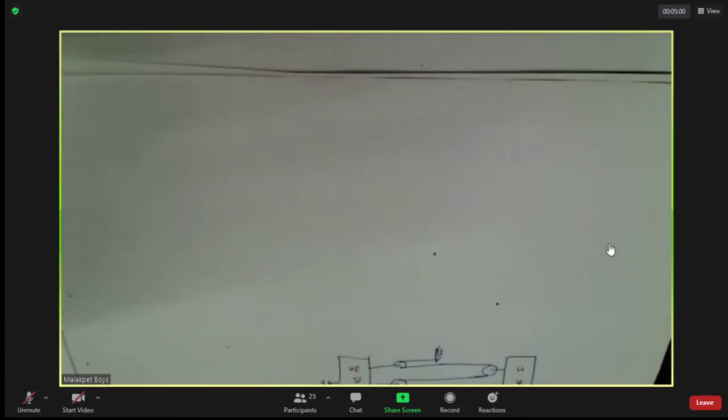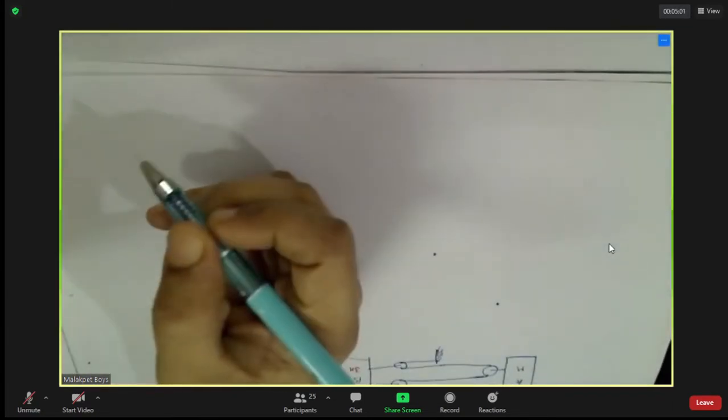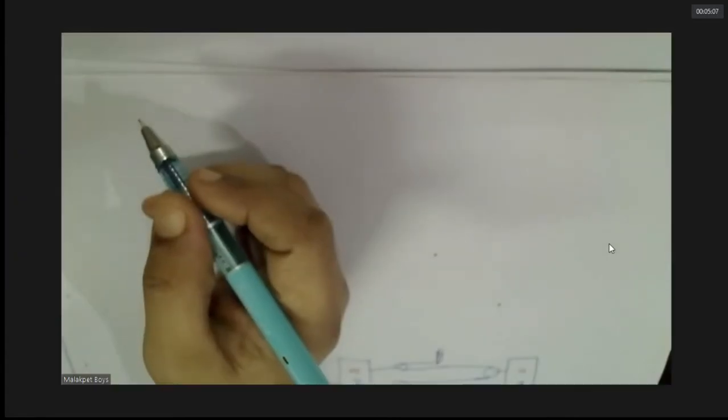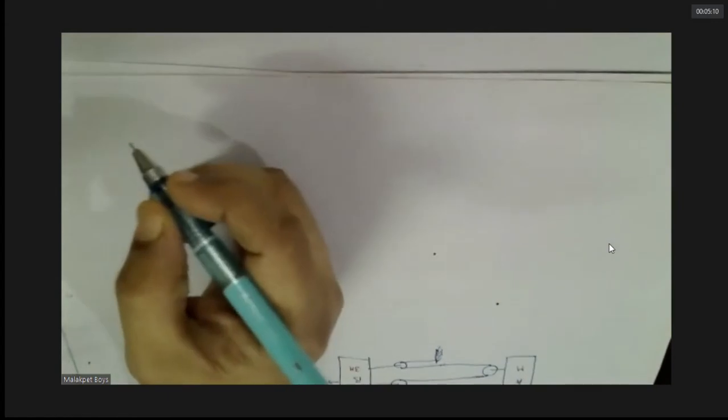The last problem we are discussing is a rope on an inclined plane having angles alpha and beta.